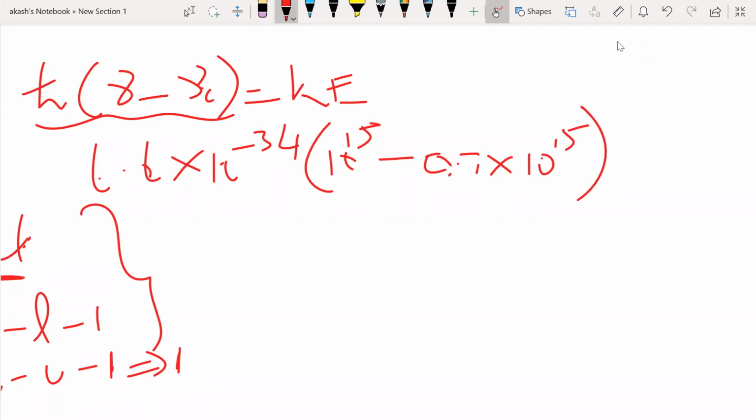That's it. Okay, so if you calculate, you should be getting the answer approximately as 2 into 10 to the power minus 19 joules. Okay, now go to the eighth question.